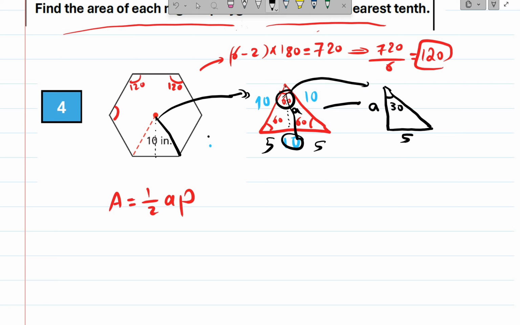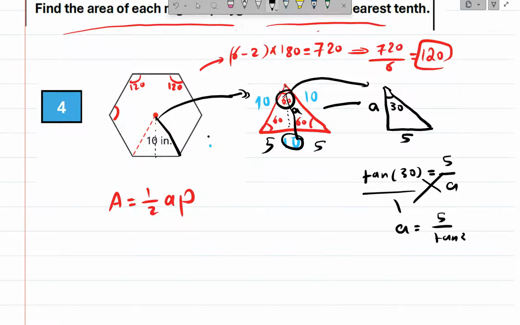Dear students, right now let's find out the value of A. We can say tan of 30 equals opposite 5 over adjacent. Cross multiply, we get A equals 5 over tan 30. So we easily found A. How about P?